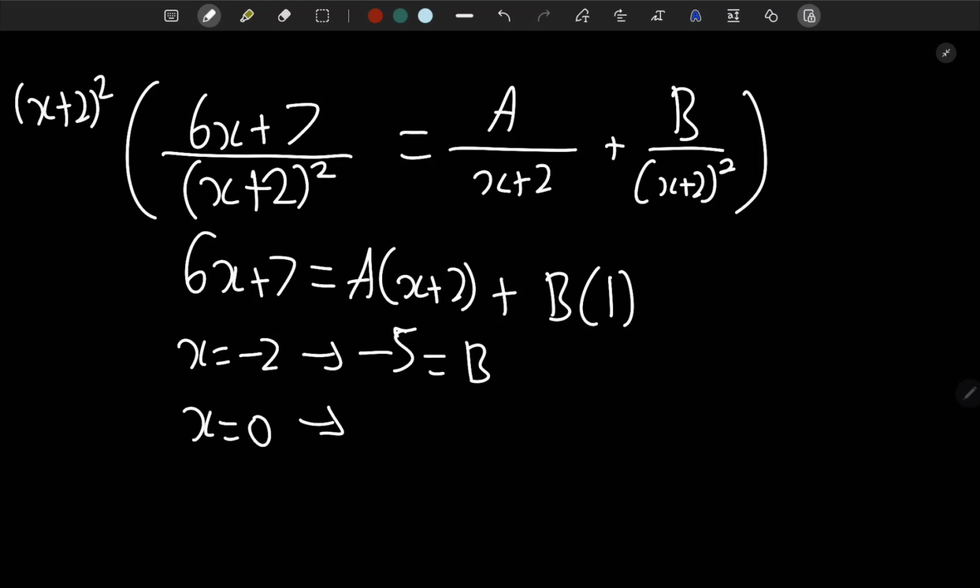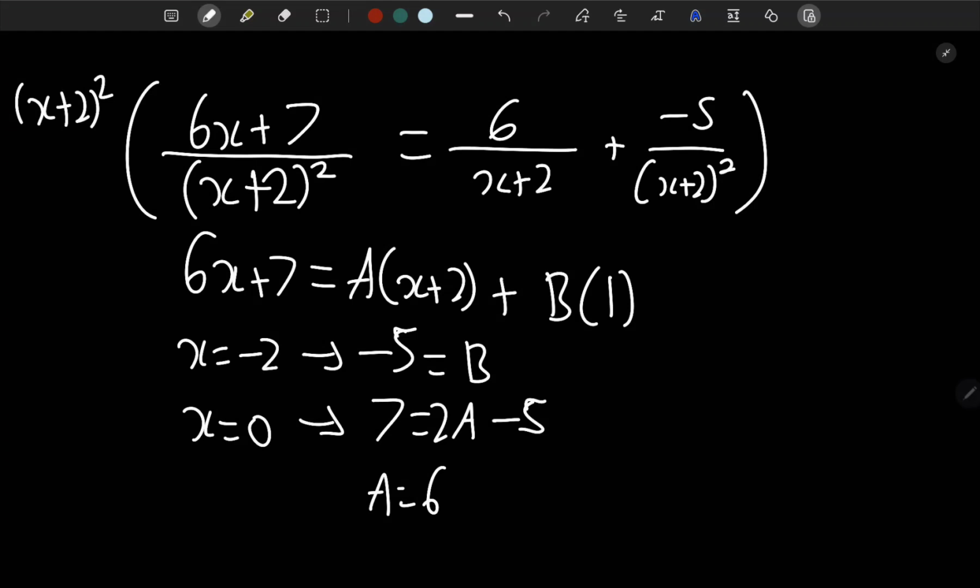So we will get 7 is equal to 2a plus b, and we know from before what b is, which is minus 5. Sorry about my handwriting, I know I'm not the greatest. a is equal to 6. So now let's go back here and substitute 6 here, and here will be minus 5.